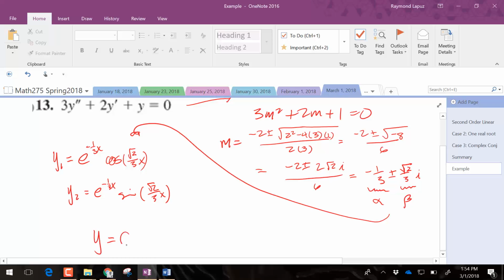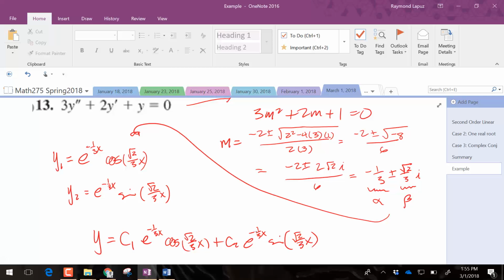So y equals c1 e to the minus 1/3 x cosine root 2 over 3 x plus c2 e to the negative 1/3 x sine root 2 over 3 x. So some people like to actually factor out the e to the negative 1/3 x and then have the sine and cosine in parentheses. That could work if you want, but then you still need to remember to keep the constants c1 and c2 where they are. Okay?